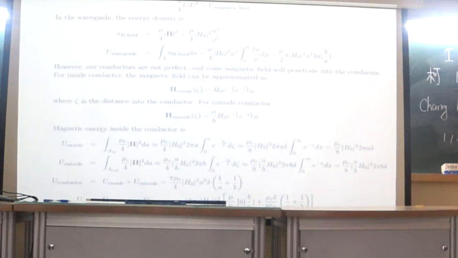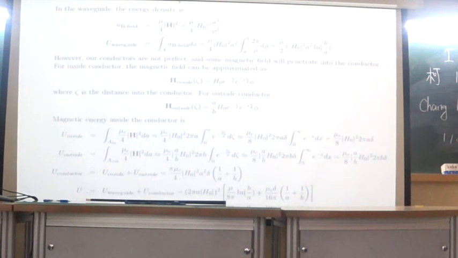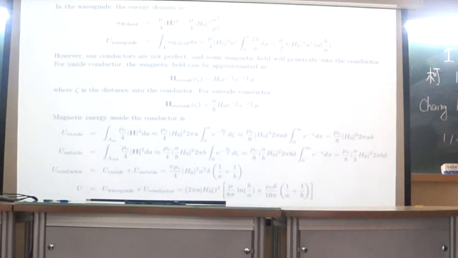After this integration, we find that the energy stored in the inside conductor is about order delta, and the energy stored in the outside conductor is also about order delta.